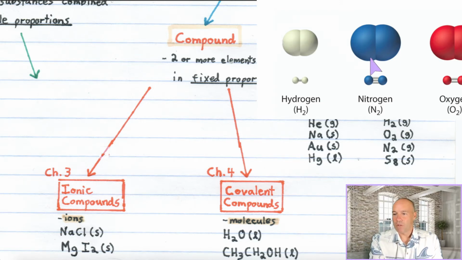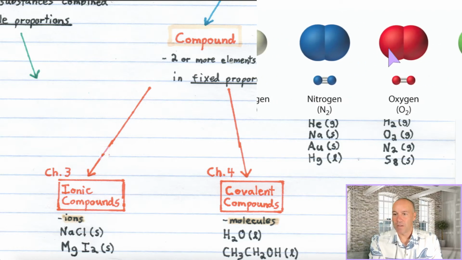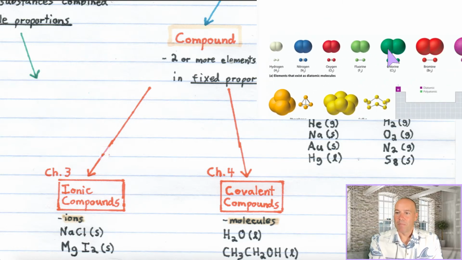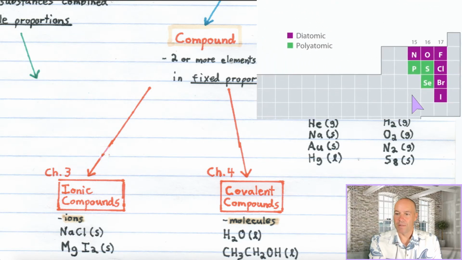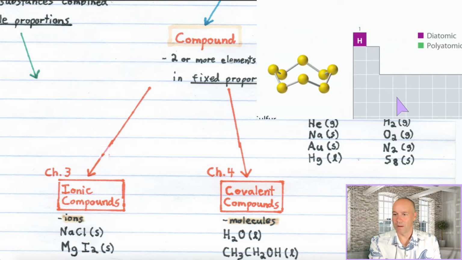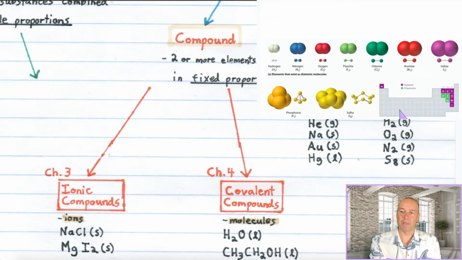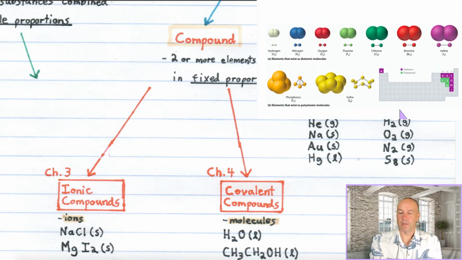Okay, nitrogen does that too, oxygen, and there are several molecular elements that are listed here in this table. I think there are 10 of them. Okay, the purple and the green ones, and then all the gray ones, those are the atomic elements, where their particles are just individual atoms.